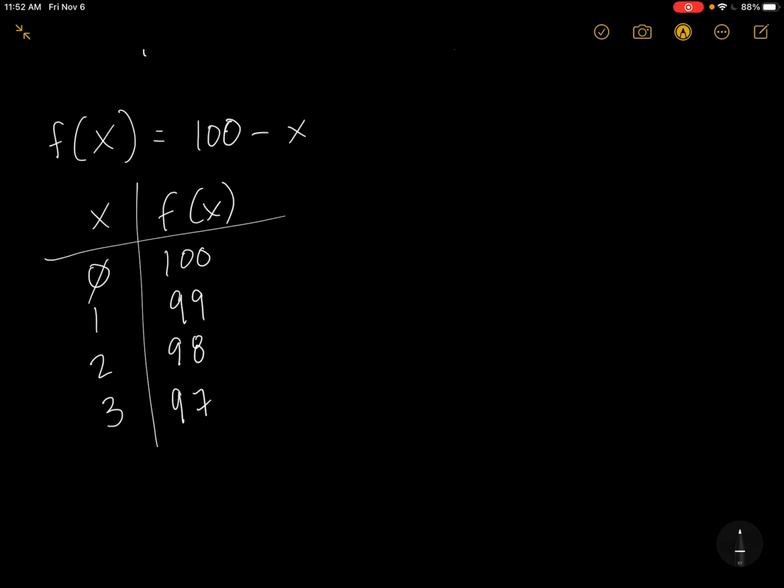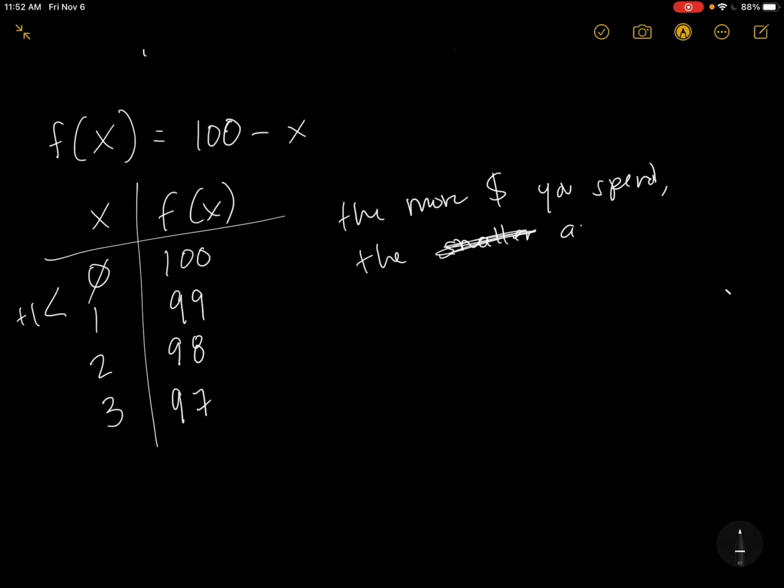Right? I mean, it's a really basic, simple one. But what it's representing is that the more money you spend, the smaller the amount of money in your account decreases, right? So this is like the money in your account.